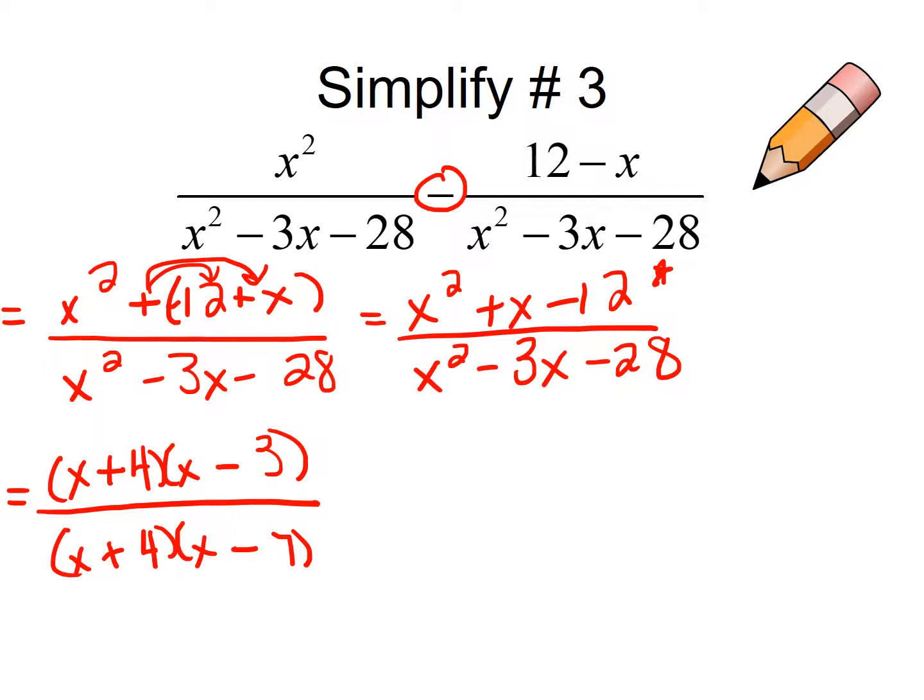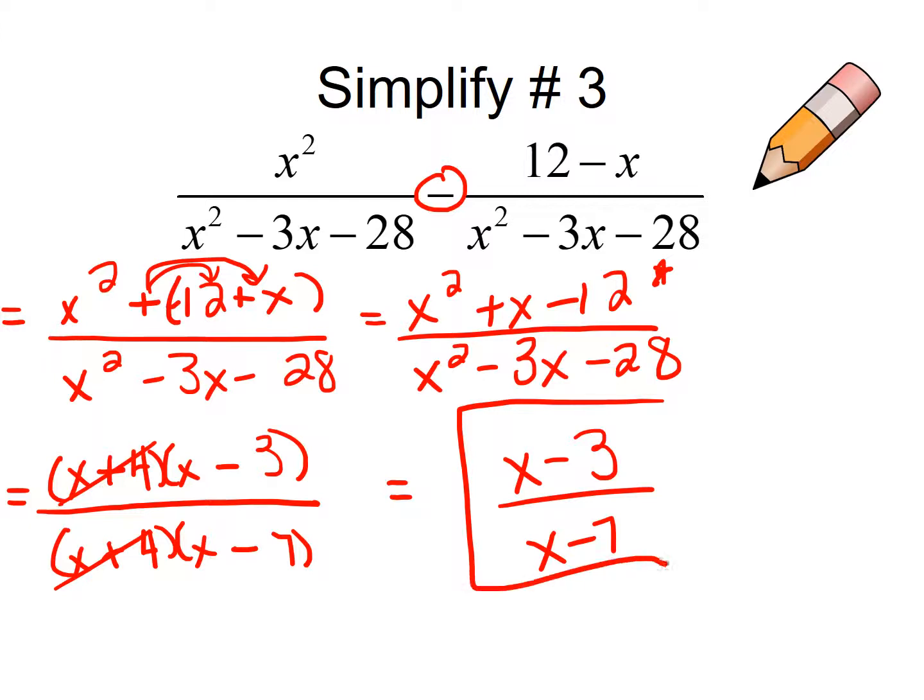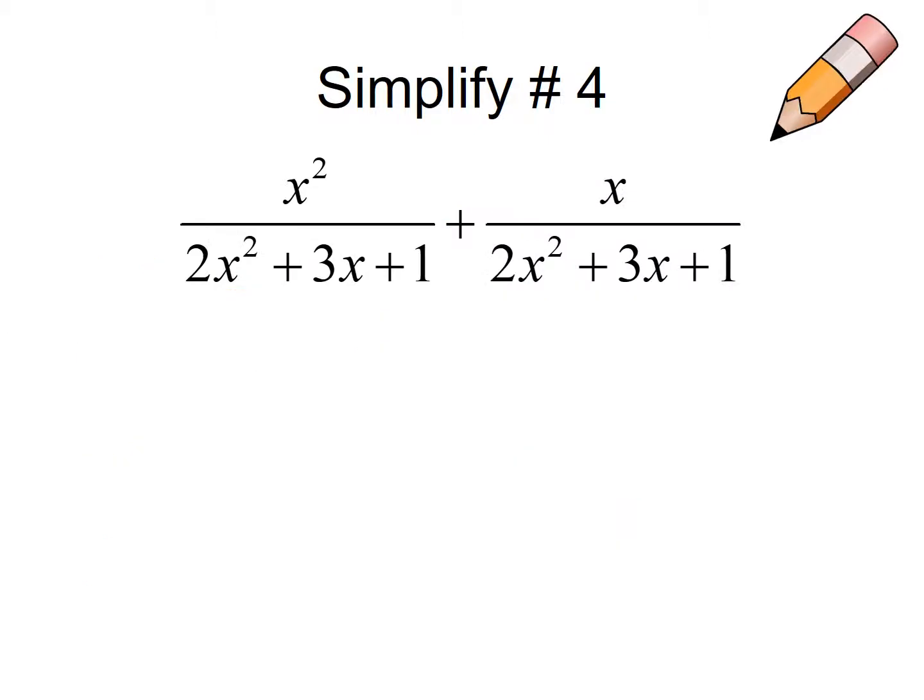So indeed, I can slash x plus 4. So my reduced answer is x minus 3 all over x minus 7. So that's actually my final answer, not this guy, because we needed to simplify our final answer. So we factored and then simplified.